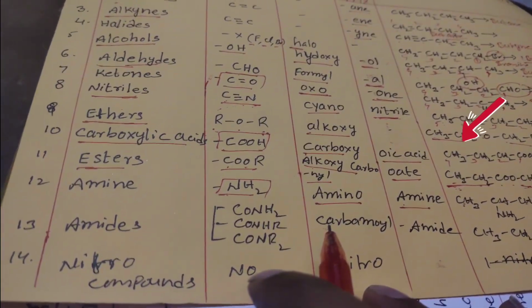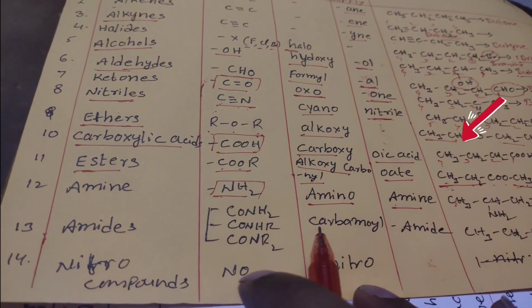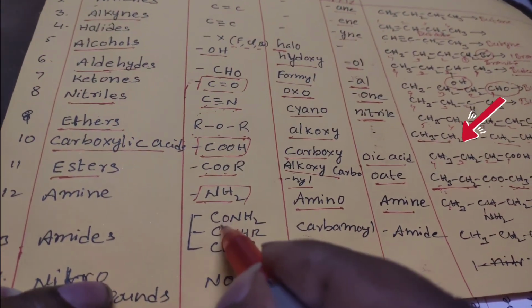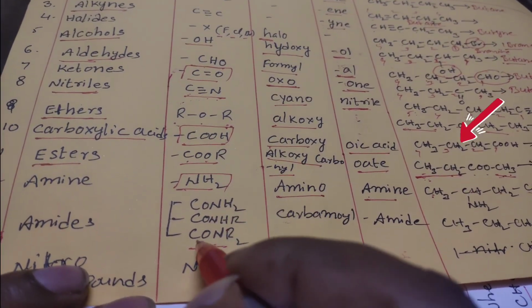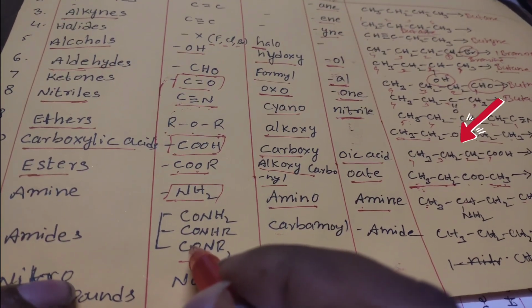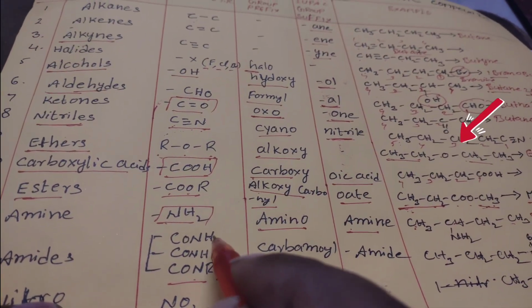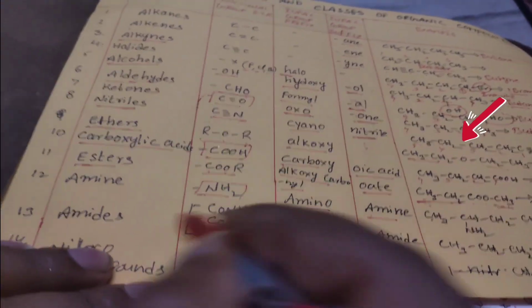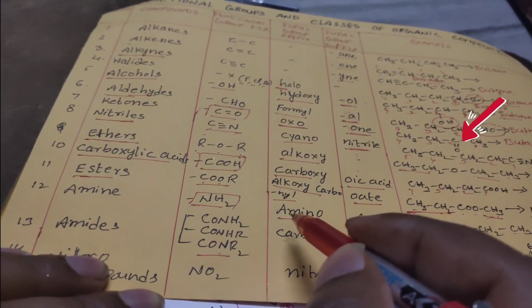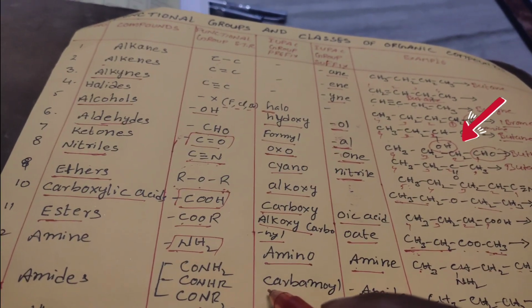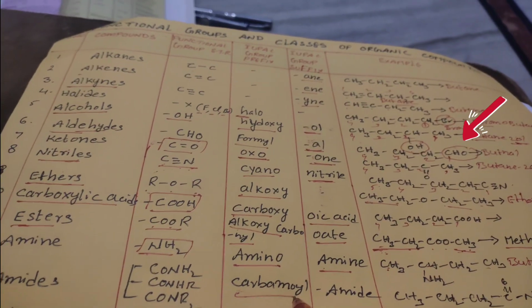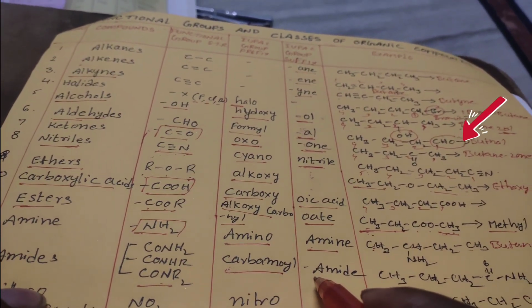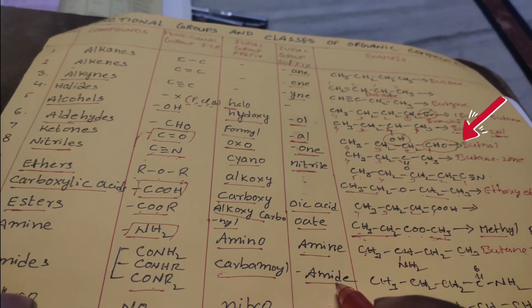And next one is amide. The next structure is amide. Either CONH2, CONHR or CONR2, these three types of structures may be present in the given structure. The principal functional group we consider is the amide. When the amide is given as a prefix, we call it carbamoyl. When given as a suffix, we call it amide.